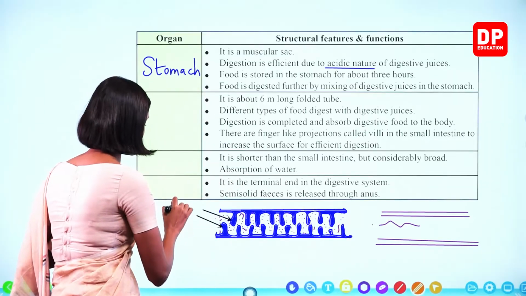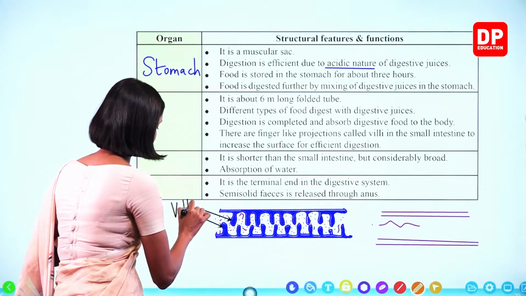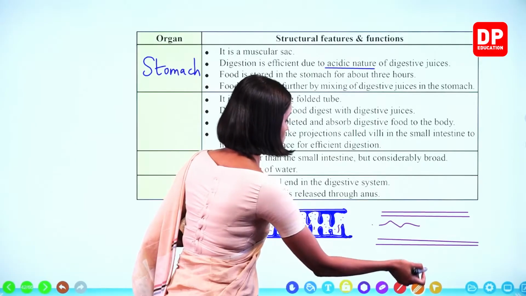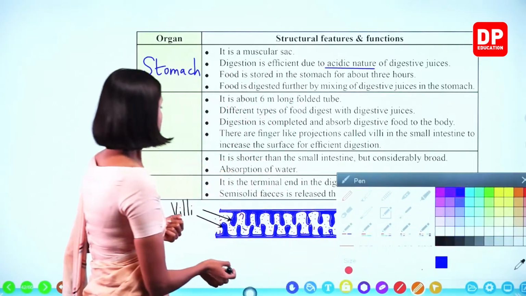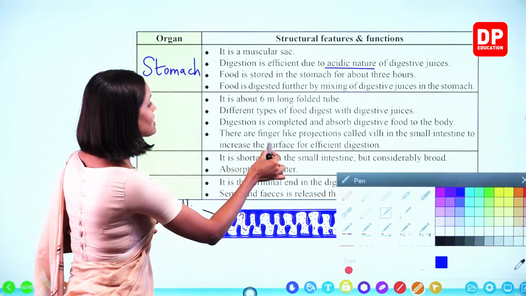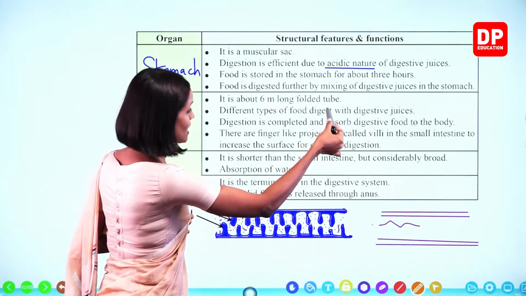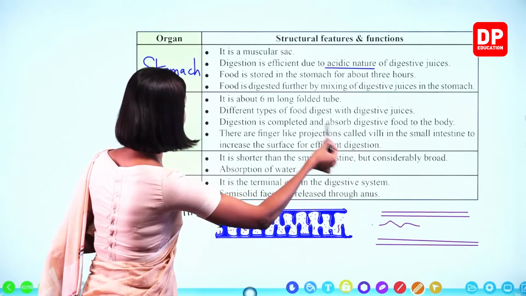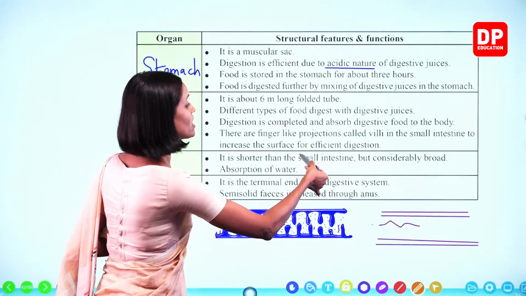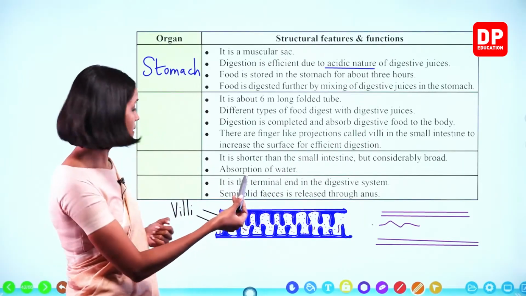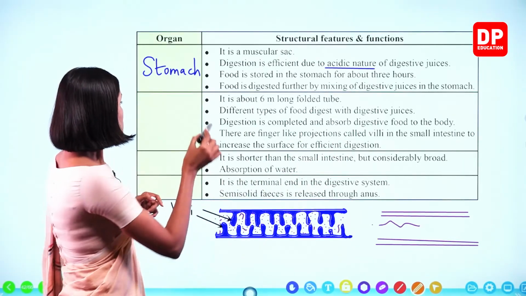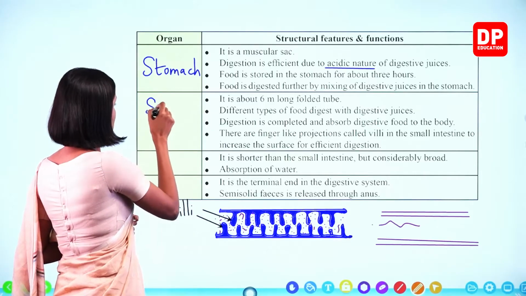Villi is also correct. Okay, children? So there are finger-like projections called villi in the small intestine to increase the surface for efficient digestion. Okay? Therefore, this is the small intestine.